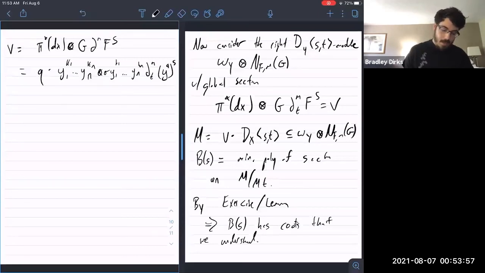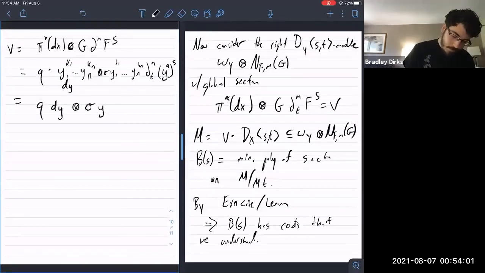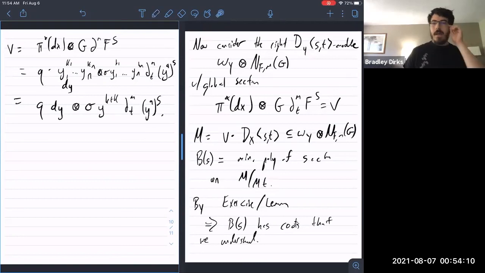And we can tensor u dy tensor sigma y^{b+k} dt^n y^a s. This was why in the statement of the main theorem we got b plus k terms, because we included this pi upper star dx in the whole picture.